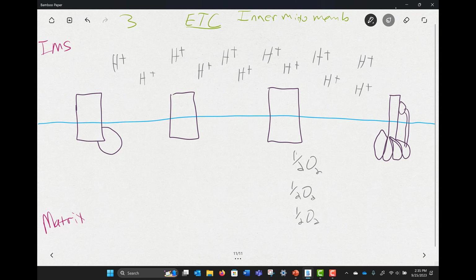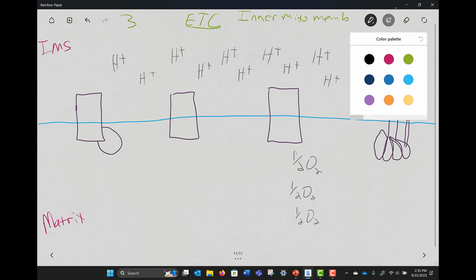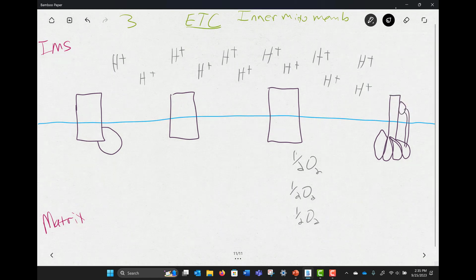1/2 O2. Now, what is 1/2 O2? Well, it's oxygen. There is a reason why our book writes it that way. When we breathe and we inhale oxygen, it is not oxygen atoms. It is molecular oxygen. It is O2. It is two oxygen atoms stuck together.